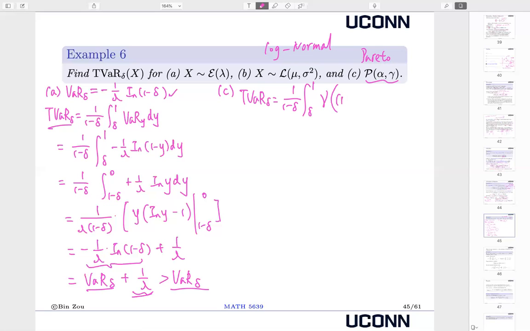Let me first copy what we already derived, meaning the inside part is the VaR at level y, dy. Here we want to solve this integral, right? And it's rather complicated, right? So there are a few things we can do.